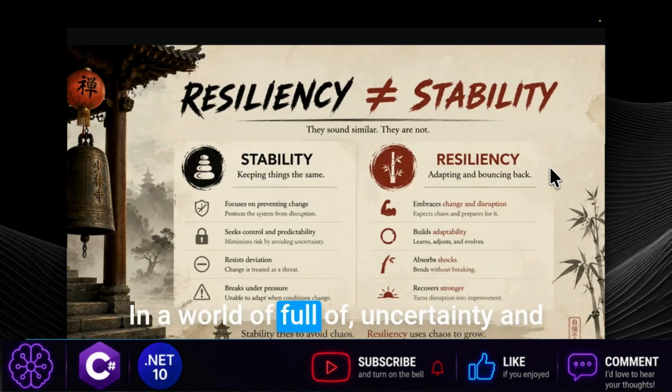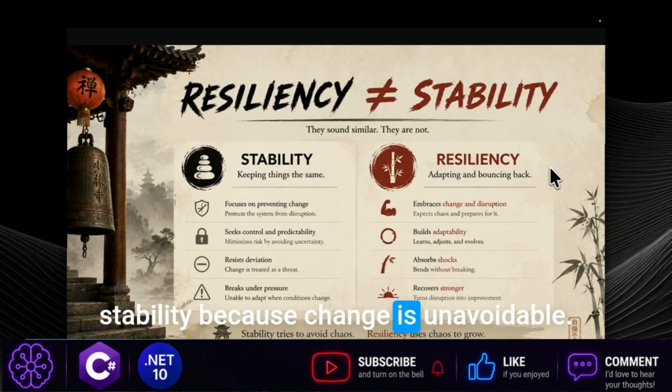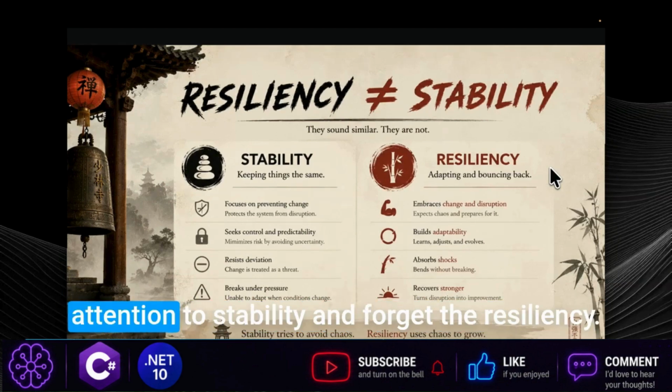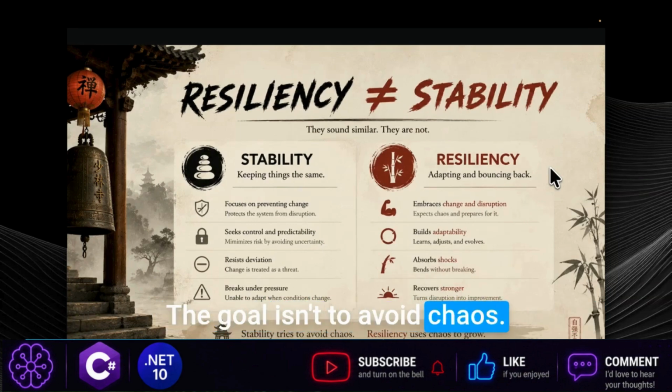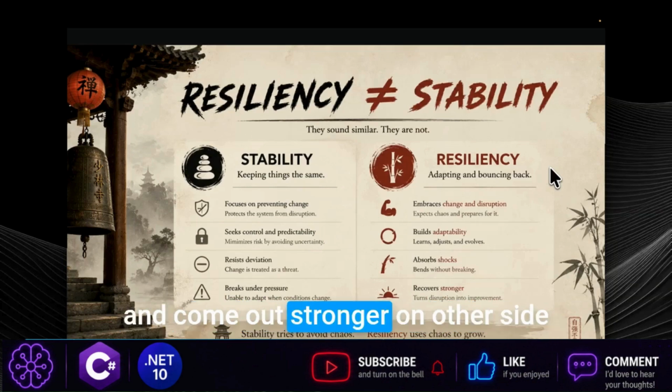In a world full of uncertainty and complexity, resilience is more important than stability because change is unavoidable. But usually, engineers and developers just pay attention to stability and forget resiliency. The goal isn't to avoid chaos. The goal is to learn from it, adapt to it, and come out stronger on the other side.